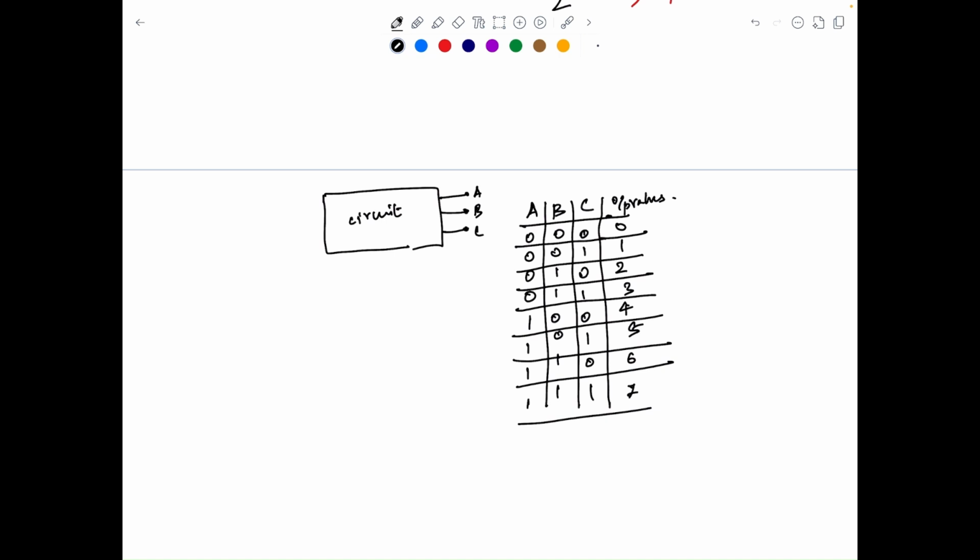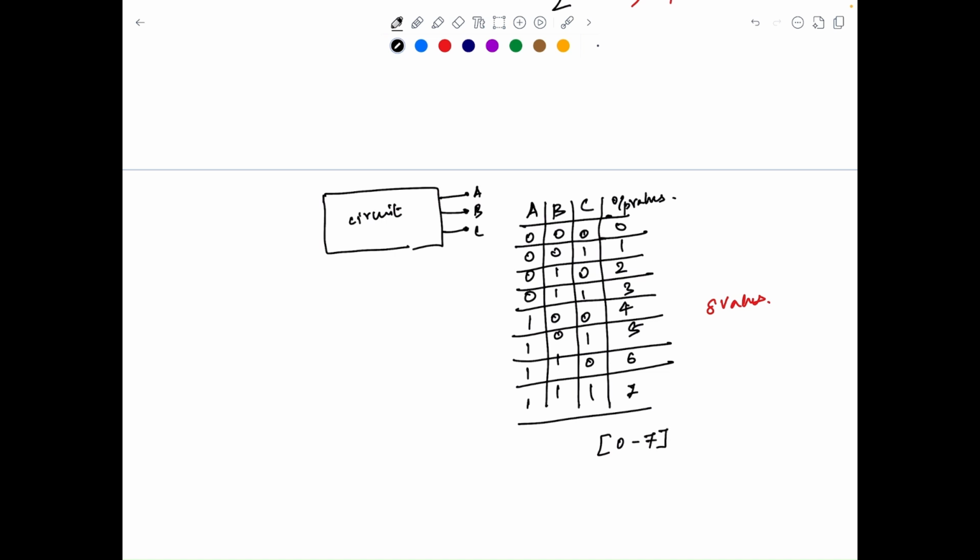So with 3 wires, we are able to represent 8 values, right? 8 values. So the range is 0 to 7, right?